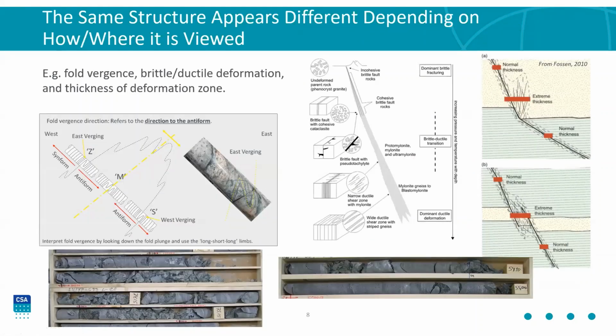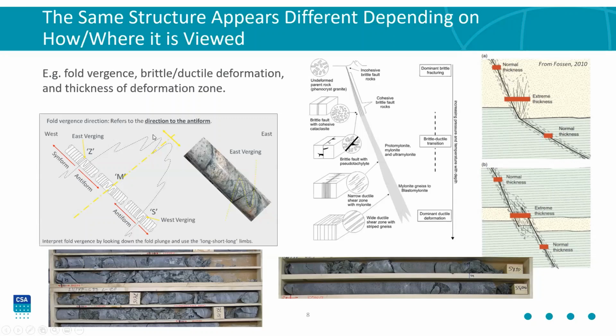My next point is just to bear in mind that the same structure can appear different depending on where or how you're looking at it. A classic example here is the way fold vergence of small scale parasitic folds can change across a larger scale structure. You can get Z folding and S folding on either side of this antiform. And if you've drilled through this, you may never actually see this antiform directly.